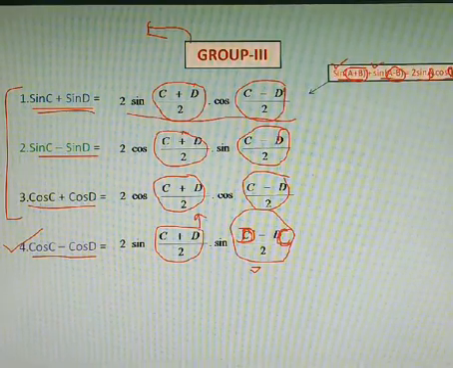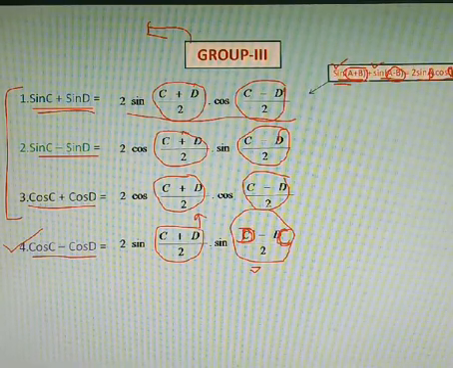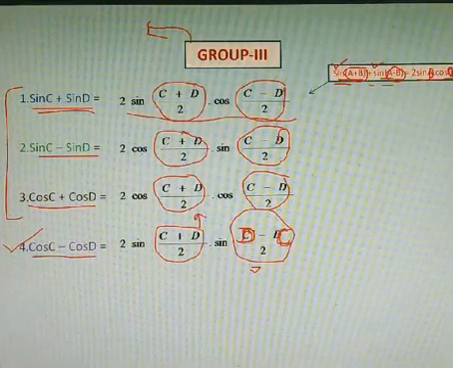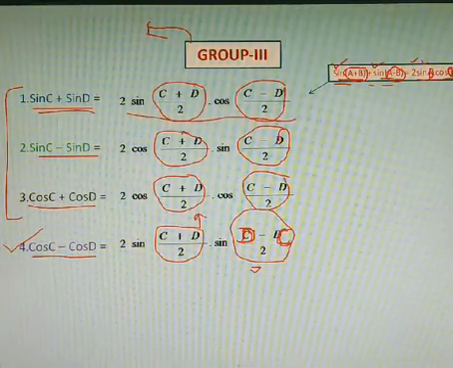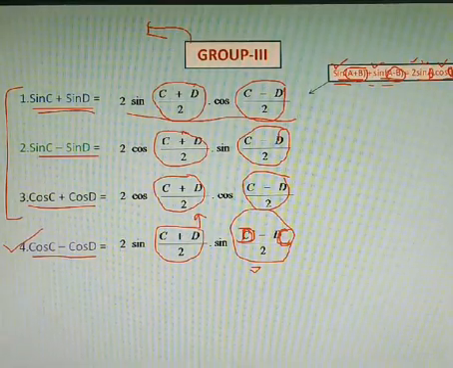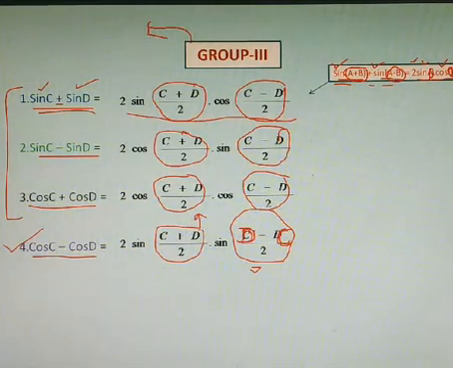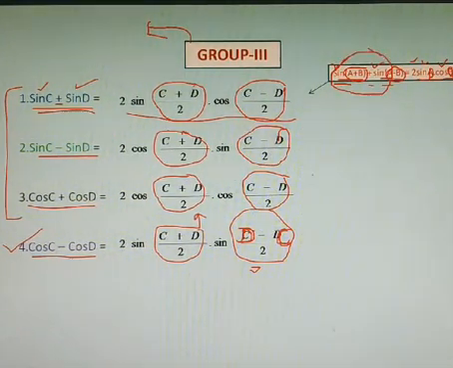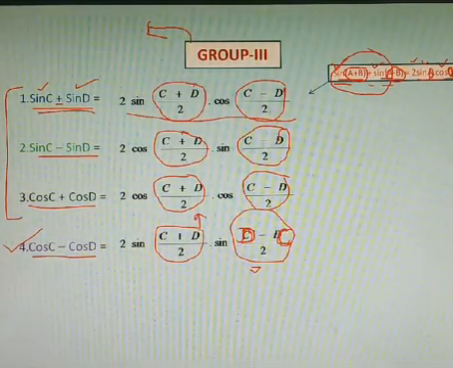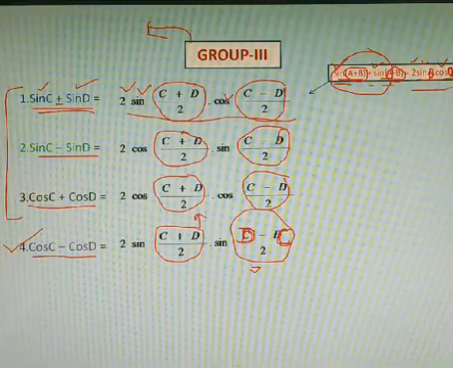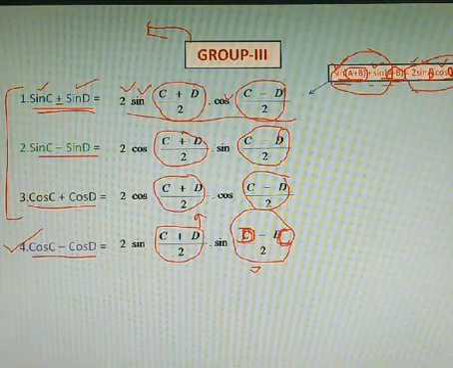Whenever there is sine and plus and again sine, then there should be 2 sine cos. So you can see the same here, sine plus sine, same as this first part, and again 2 sine and cos, that is same as the second part.